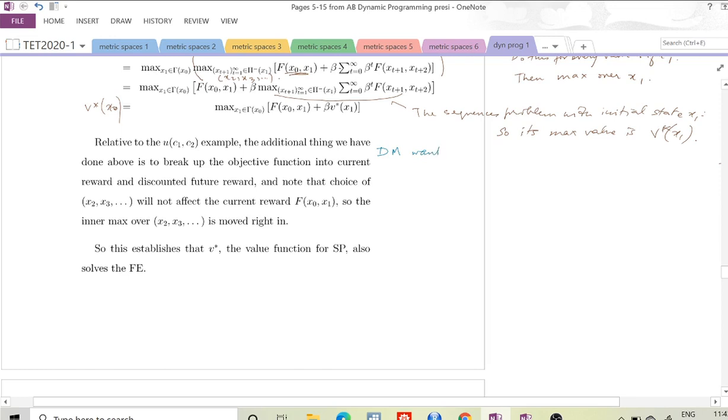So this is a different discussion, right? Let's say the decision maker is now in period capital T and wants to maximize this discounted present value.